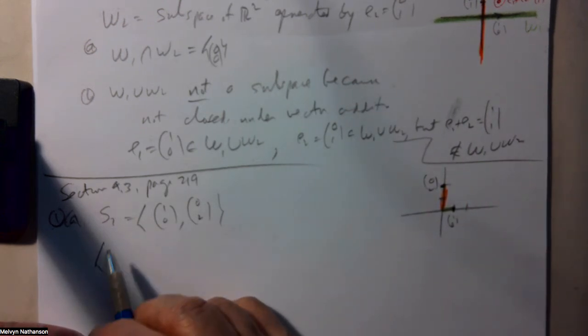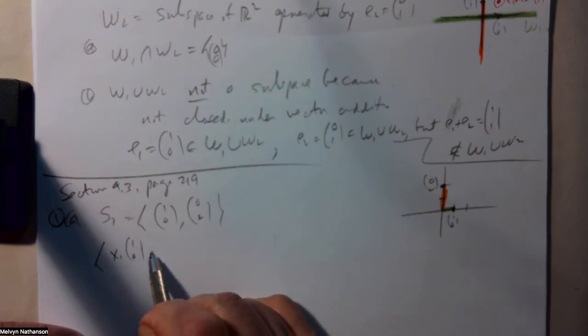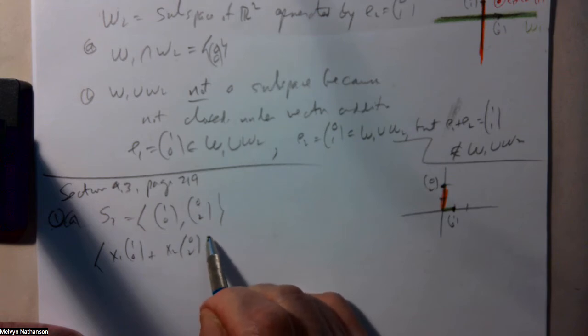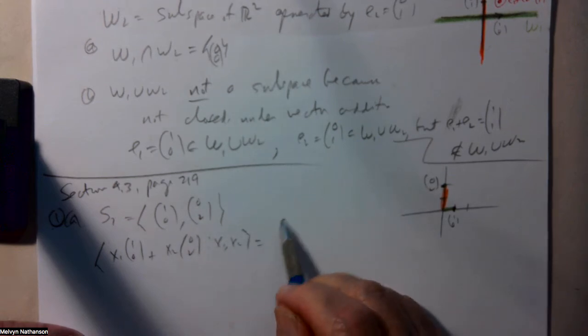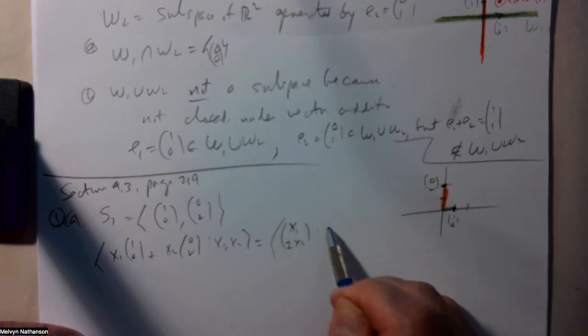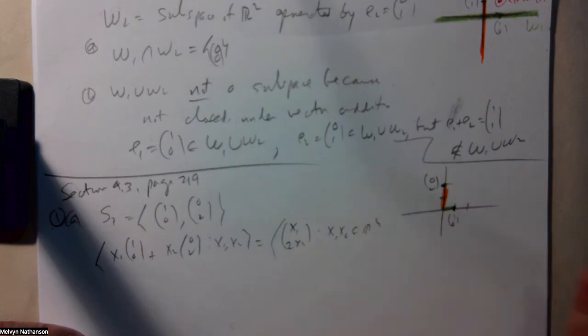If I look at the set of all linear combinations, x1 times 1, 0 plus x2 times 0, 2 for all x1 and x2, that's all vectors of the form x1, 2x2 for any choice of x1 and x2, any scalars.